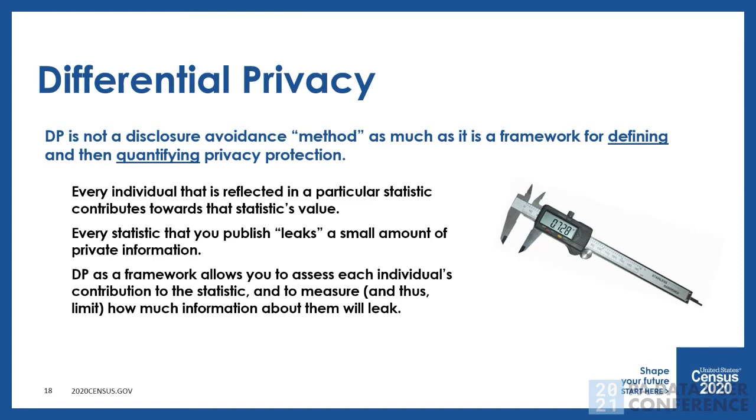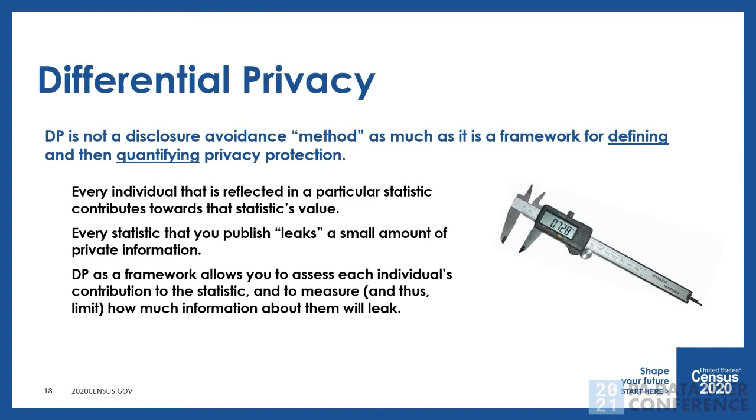We know that every individual that's reflected in any particular statistic that you publish contributes towards that statistic's value. They're reflected in the data that you publish. We also know, as I mentioned before, that every statistic that you publish is going to reveal or leak a small amount of confidential information. Well, differential privacy, as this kind of privacy accounting framework, allows you to assess and measure each individual's contribution to each statistic that you're publishing.